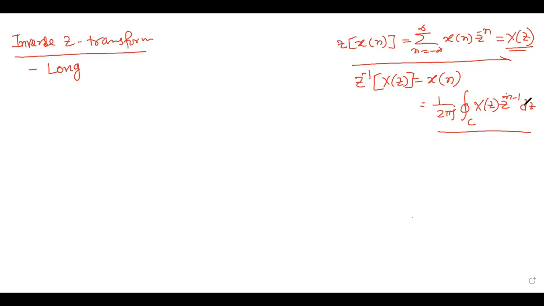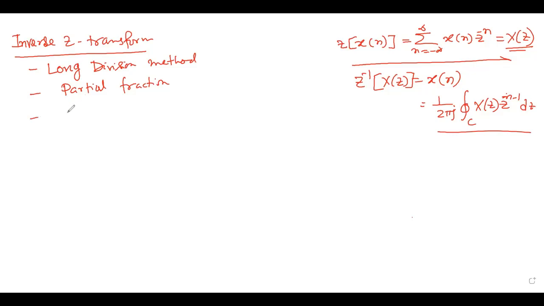So there are three methods. One is the long division method. In some books you'll find it called the power series expansion method. The second one is the partial fraction method, and the third one is the residue theorem, that is Cauchy's formula.